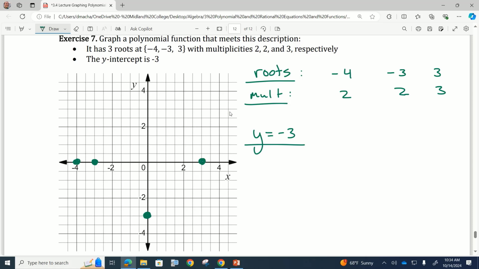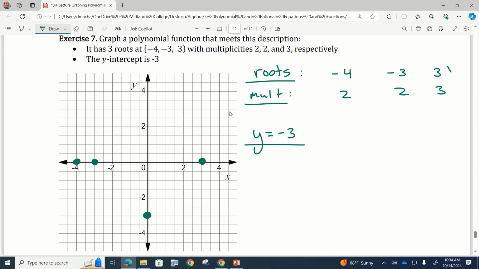Normally, my next step would be to draw the arrows for the end behavior, except my little description didn't tell me what the end behavior is. So we're going to skip that for right now. And I'm going to move on and try to connect these 4 dots in a way that's okay with the multiplicities.